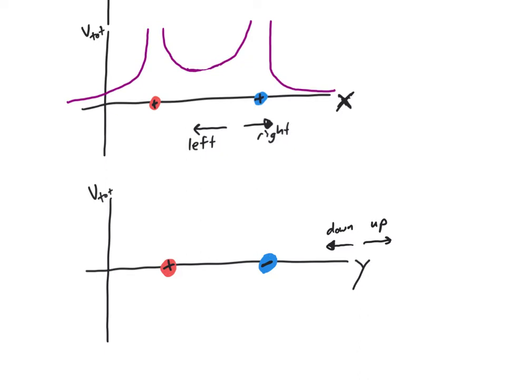To the left of the positive charge, or rather down from the positive charge, the result from the positive charge will dominate. Above the negative charge, the negative charge is going to dominate.